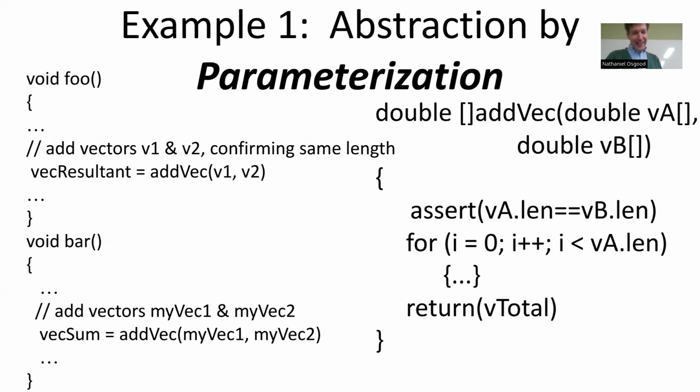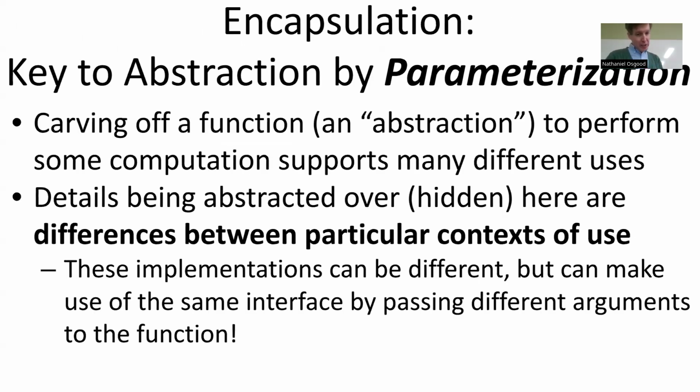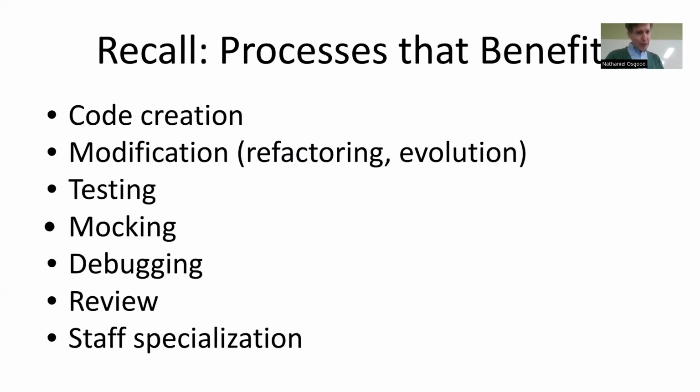So it can help with testability, right? Can help with testability. Can help with mocking. I could mock out. Now, it turns out to be much slicker with the type of abstraction we're coming to, but I could create a fake version of AdVec whose job in life is to test the vectors passed into it.